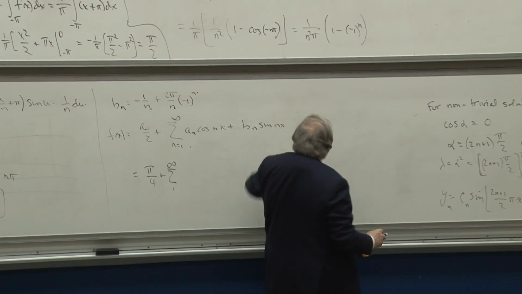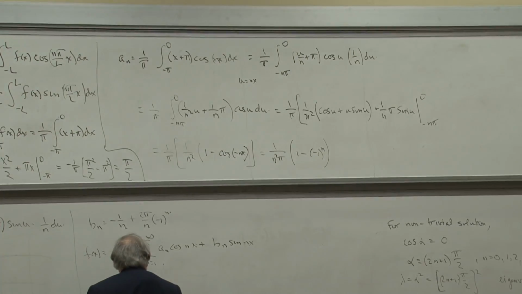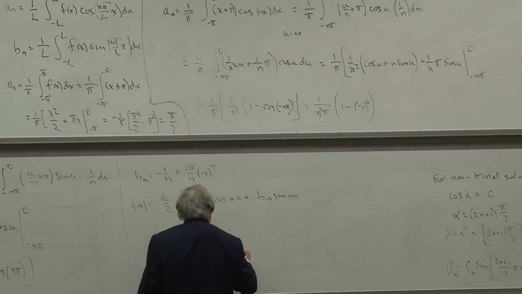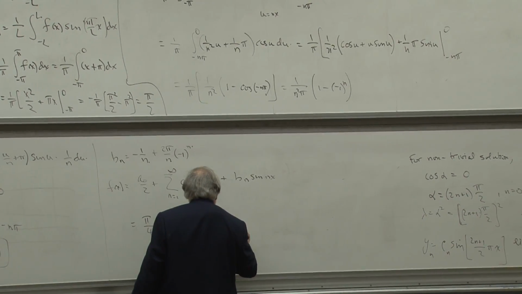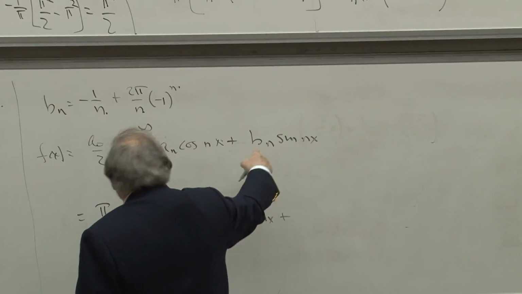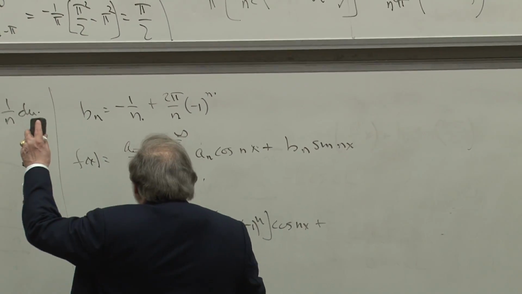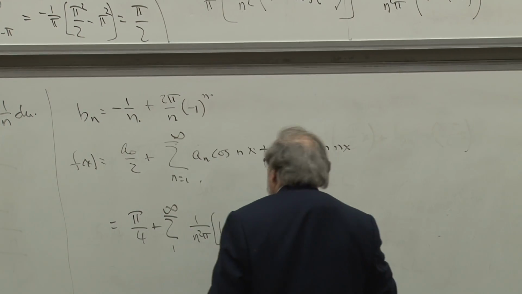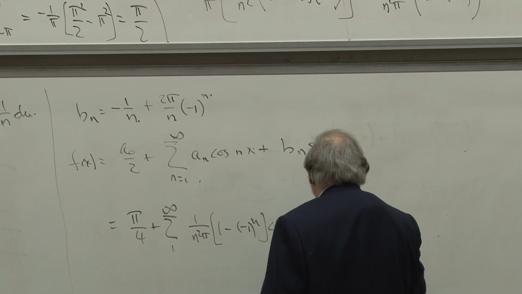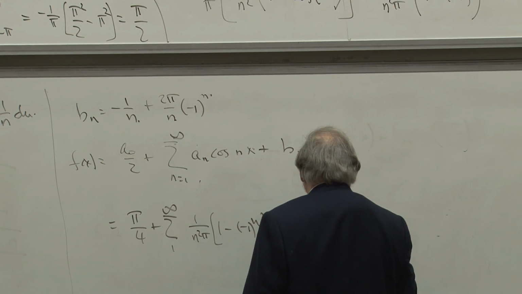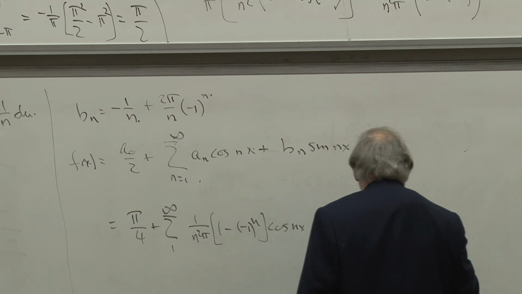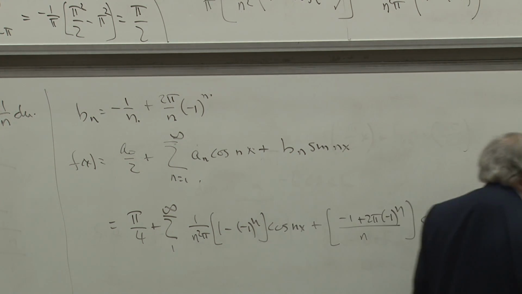A sub n is right here, 1 over n squared pi times 1 minus negative 1 to the n, cosine of nx. And then the sine, the b sub n's, I just found b sub n. There's an n in the denominator: negative 1 plus 2 pi times negative 1 to the n, sine nx.